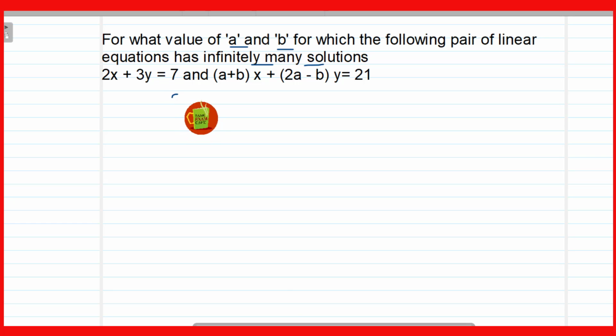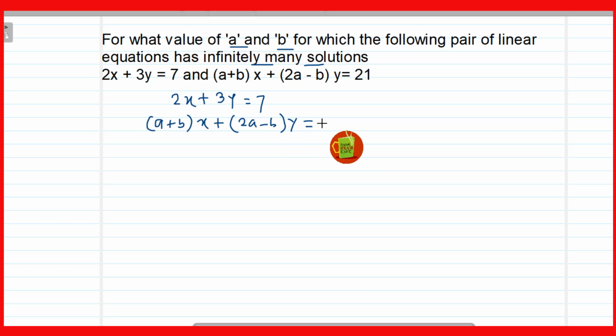The two equations are 2x plus 3y is equal to 7, and the other equation is (a plus b) into x plus (2a minus b) into y is equal to 21. And we have to find the value of a and b such that the given pair of linear equations will have infinitely many solutions.